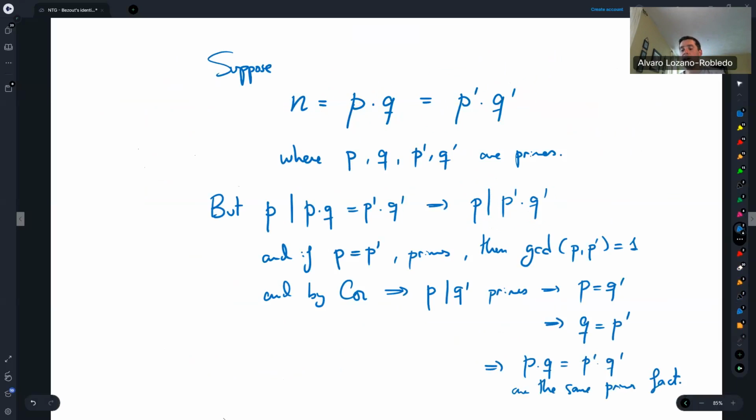So actually, I haven't found a new factorization, and in fact, I've proved that any factorizations of a number that is a product of two primes have to be exactly the same factorization. We will generalize this, using induction, to prove that this happens for any factorization. There is exactly one unique factorization. And the key here, again, is the corollary. The corollary is what has helped us do that difficult step.